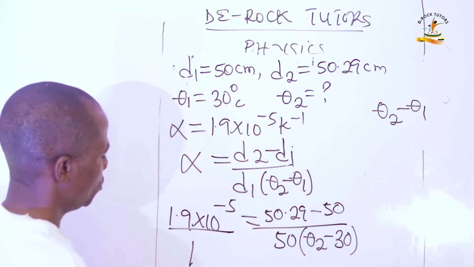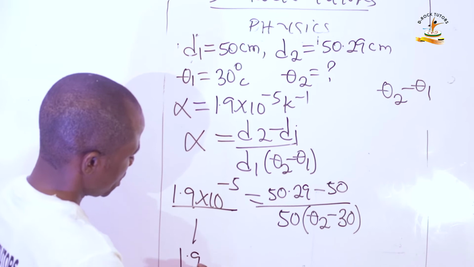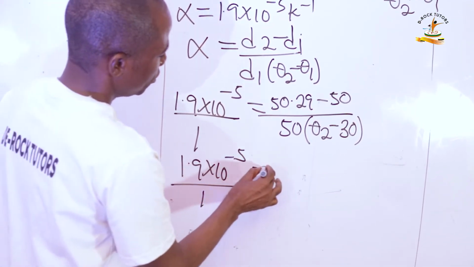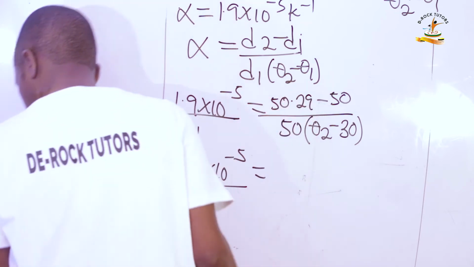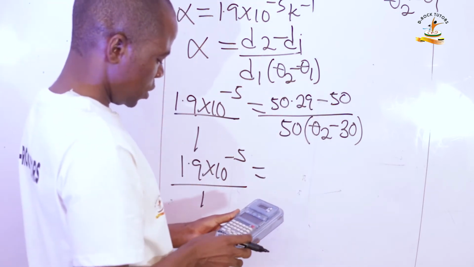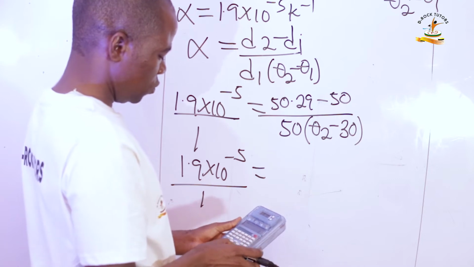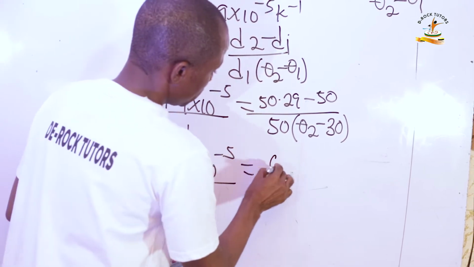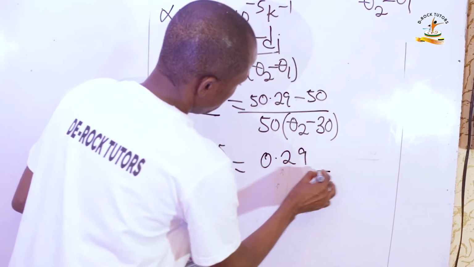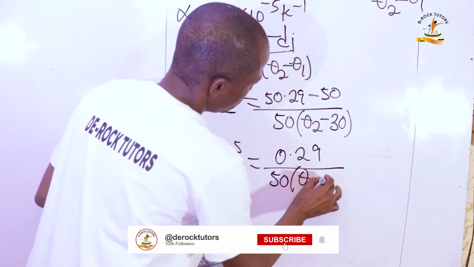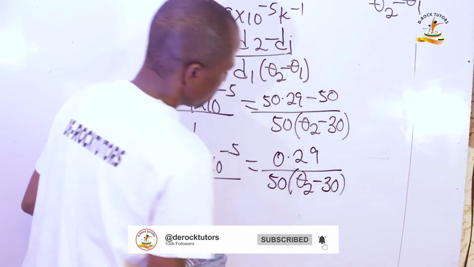So the next thing we do: 1.9 times 10 to the power minus 5 is equal to, if we subtract, 50.29 minus 50, that's 0.29, all over 50, into theta 2 minus 30.